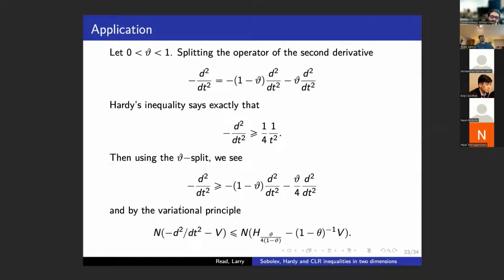So basically from our Laplacian here, we can get a Schrodinger operator with a Hardy term. And of course, when we divide through by 1 minus theta, it doesn't change anything in terms of the negative eigenvalues because of the variational principle, apart from adding this extra term on the potential, which doesn't matter because our bound is homogeneous with respect to the potential.